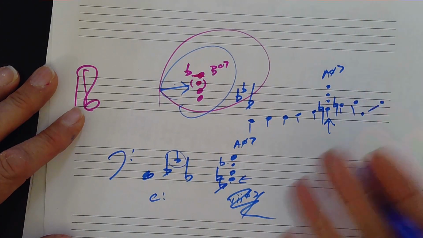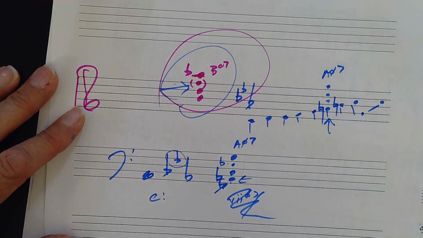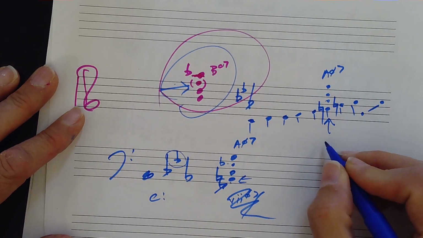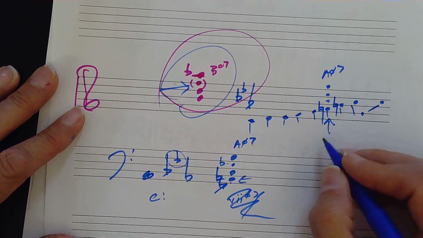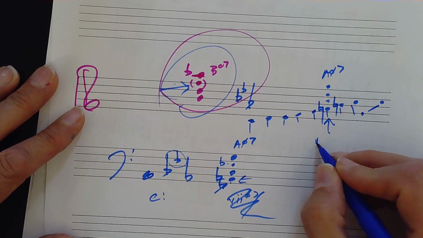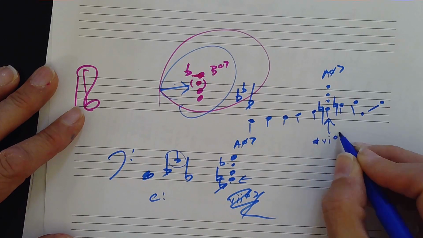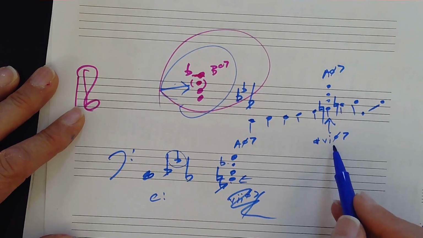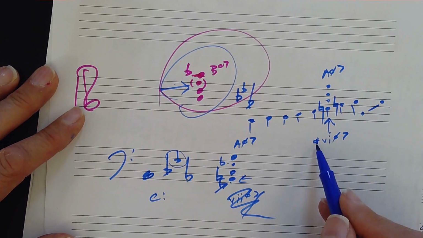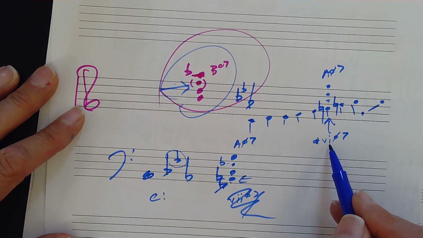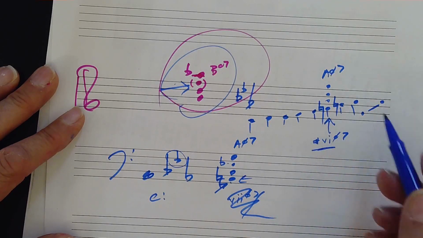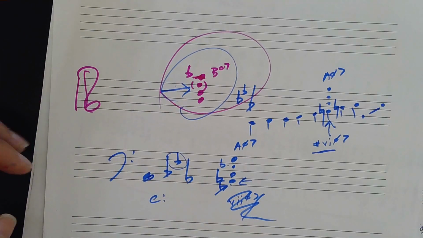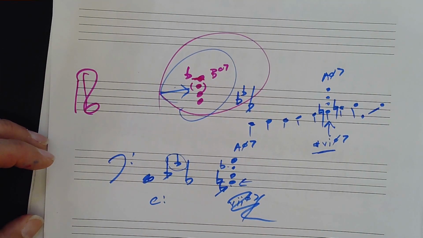If we're going to have this chord and we're going to label it using diatonic Roman numerals, we have to call this sharp 6 half diminished 7. So this is the half diminished 7 chord built on the raised 6th scale degree. And we're okay with this because in minor we have this flexibility with the 6th and 7th scale degrees.